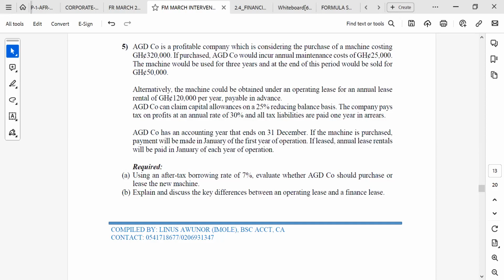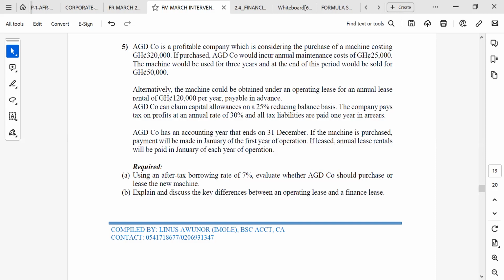The machine will be used for 3 years, and at the end of this period, will be sold for 50,000 Ghana cedis. Alternatively, the machine could be obtained under an operating lease for an annual lease rental of 120,000 Ghana cedis per year, payable in advance. AGD Co can claim capital allowance on a 25% reducing balance basis.